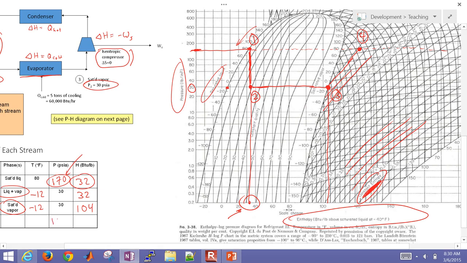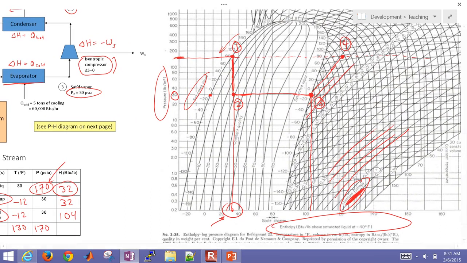So that's going to be 170 on the pressure. The temperature, that is going to be 130 degrees Fahrenheit. Okay, so if we look, here's 140, here's 120, so it's just right in the middle of those two.